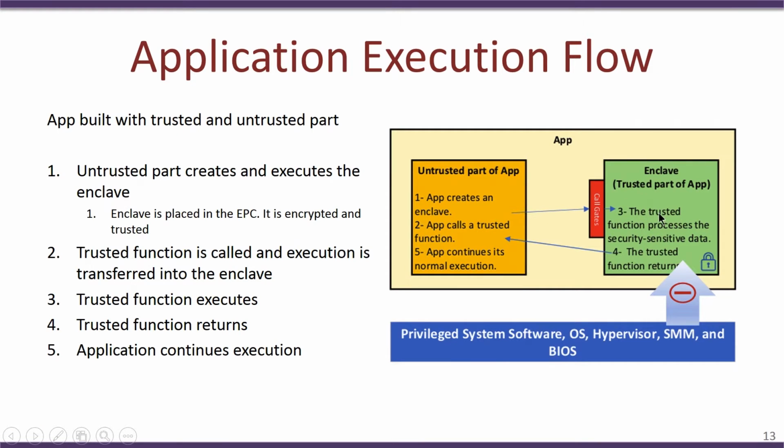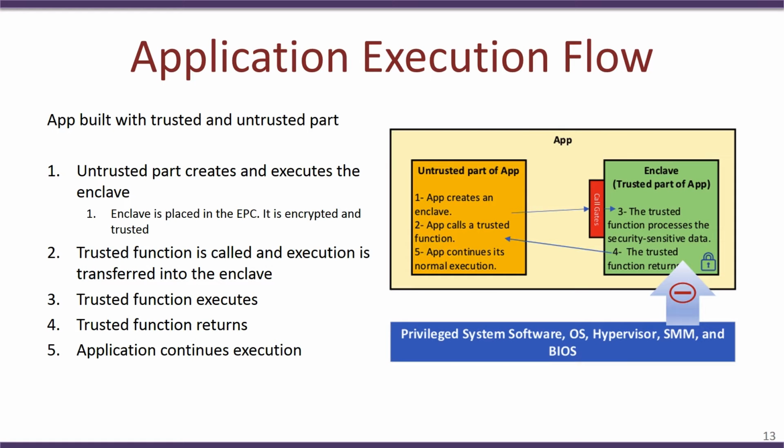Then in step 3, the enclave function executes and processes the security related sensitive data, and finally the mode is switched back from the enclave mode to the untrusted mode, and the application continues to execute. So, these are the various steps involved when applications are developed with SGX enabled, and the applications have enclaves.